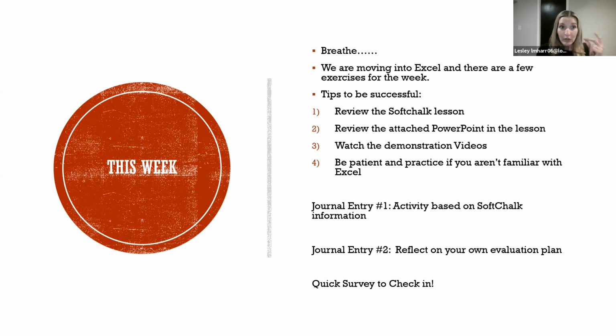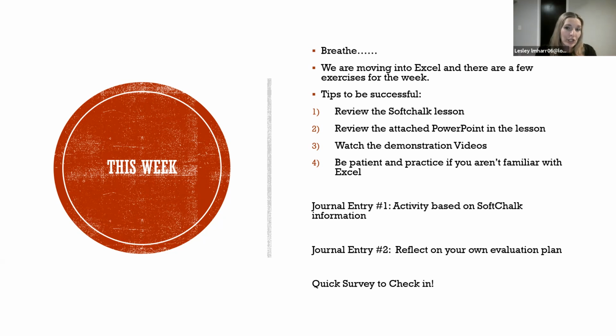So we have two journal entries for this week, which are both going to be helpful in really learning the total amount of information that you need to be able to execute a very basic quantitative data analysis. We have an activity that's based on the SoftChalk information for journal 1.